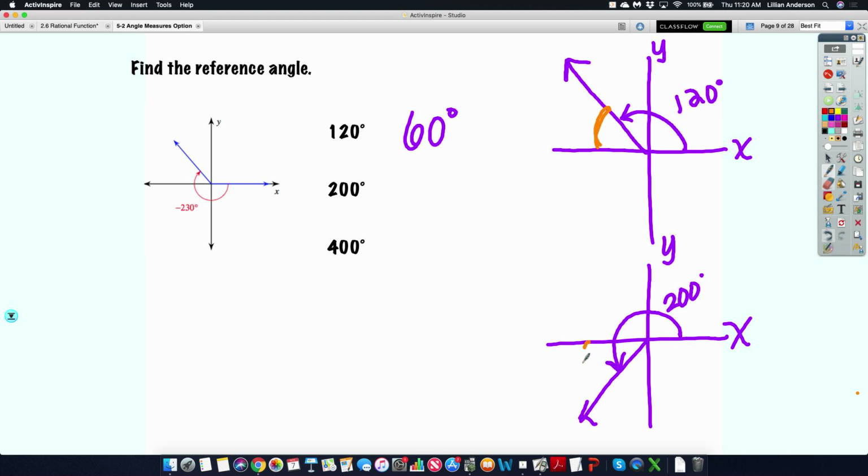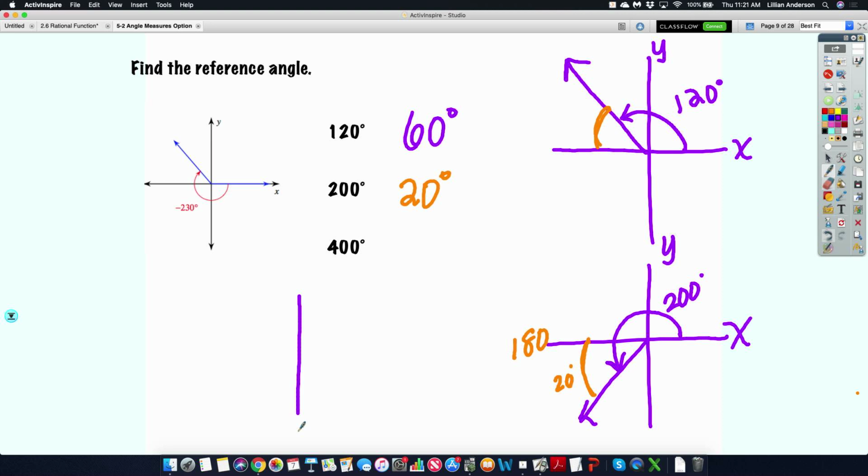The x-axis. So if it's 200 degrees, what angle is right here? 180. So what's the difference between 180 and 200? 20. So that is a 20 degree angle. The picture doesn't show 20 degrees clearly, but things are drawn to scale.